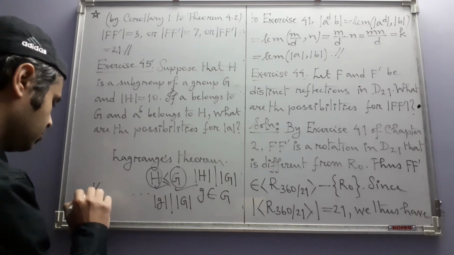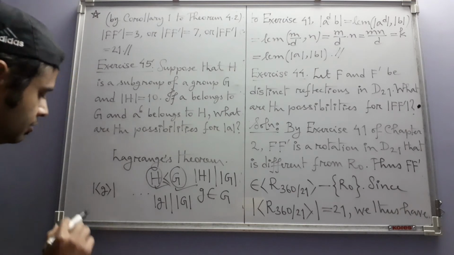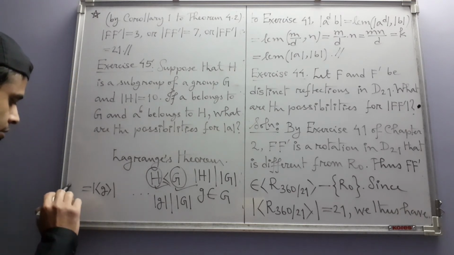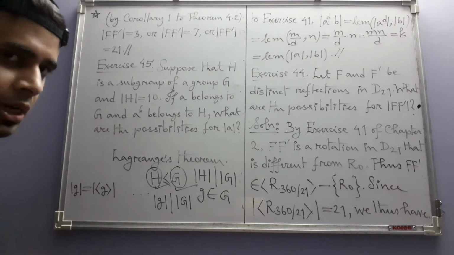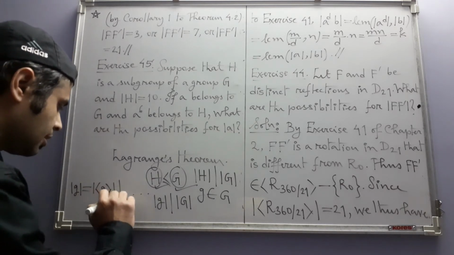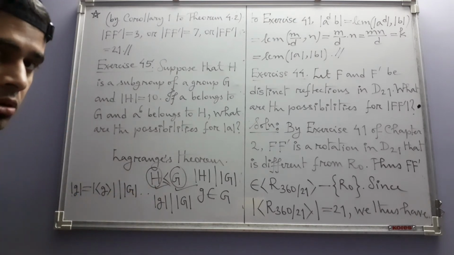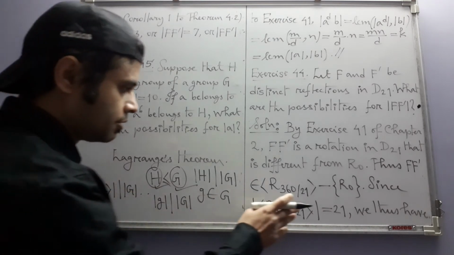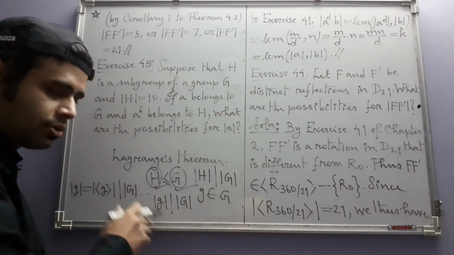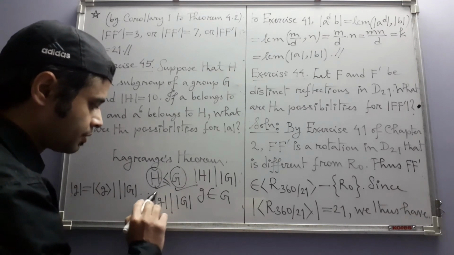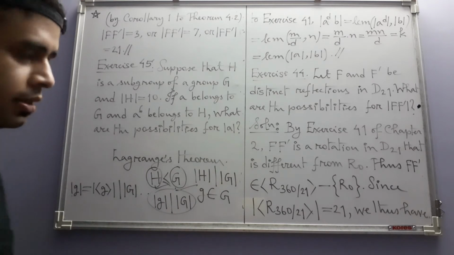Then the order of the cyclic group generated by g is equal to the order of the element g itself. Since by Lagrange's theorem this divides the order of G, the order of the element also divides the order of G. We have already proved this for the case where G is a cyclic group. That's what we are using here.